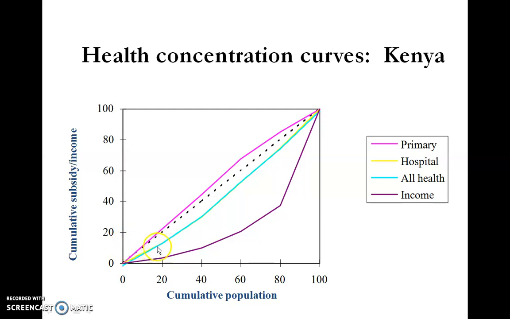Cumulatively 12% of the benefit, right? So it's redistributive. They are getting more than their cumulative share of income, but it's not per capita redistributive, okay?